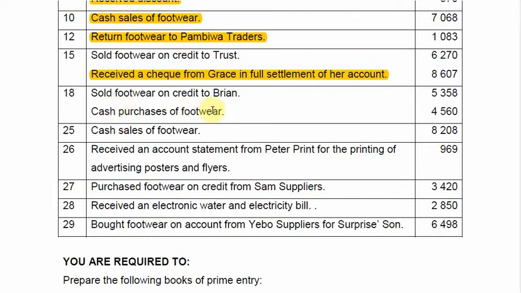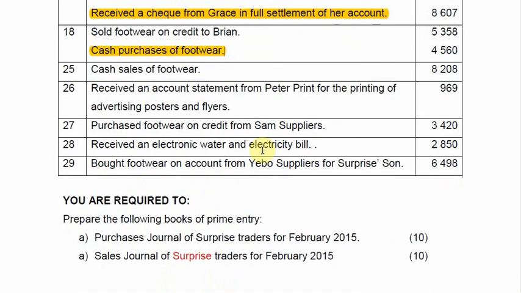Then cash purchases of footwear. Nope, that one will not go into my purchases journal because it is for cash. Only credit sales and credit purchases. Then number 25, cash sales of footwear. Again, that one will not go into my purchases or sales journal because it is a cash sale. Then received an account statement from Peter Print for the printing of advertising posters and flyers.